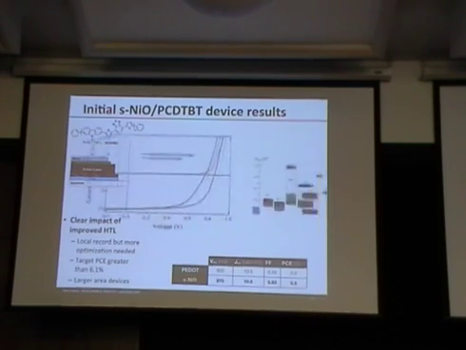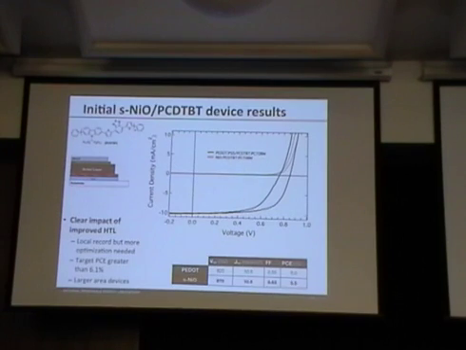Okay, so this was the first attempt at a device with this system. And so you see that, okay, there's something I really hate about this. And so Xerxes, who was the author of this, knows that I hate it. But there are no error bars on any of these things, right? It drives me nuts.